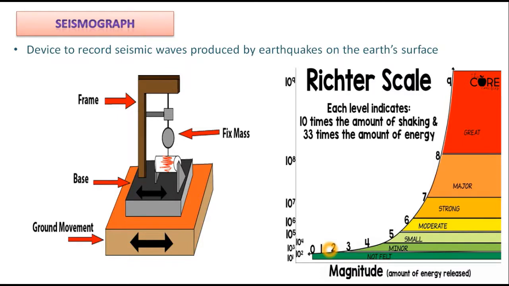When it gets to 5 or 6, it's moderate earthquake, which is felt, but it doesn't cause any destruction. But as the value goes beyond 7, the intensity of earthquake increases. The destructive power of earthquake also increases, and it can cause huge loss of life as well as property. Basically, this is how we measure earthquake.